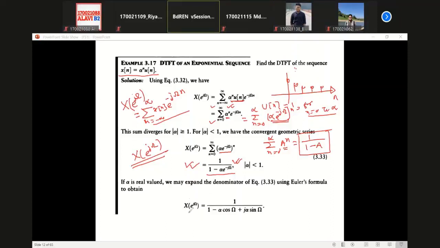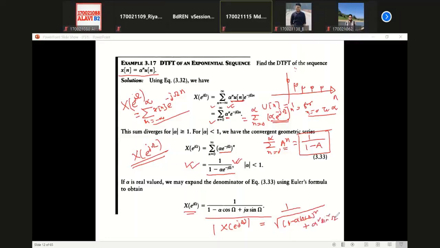We can rewrite X(j omega) in this way by using Euler identity. Then you can easily find the magnitude of X(j omega) equal to 1 divided by the square root of (1 minus alpha cos omega) squared plus alpha squared sine squared omega, isn't it?